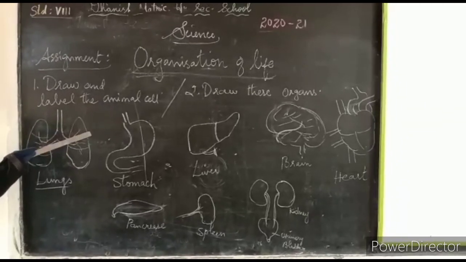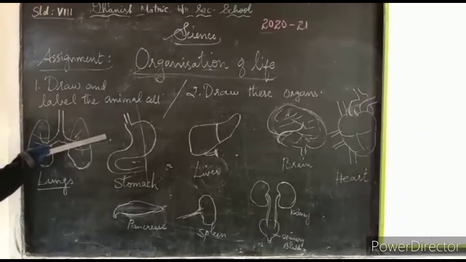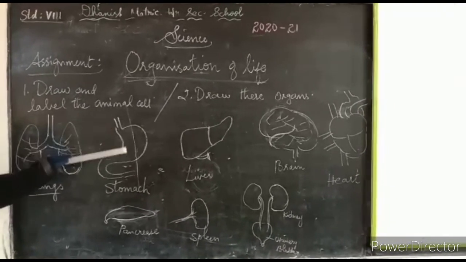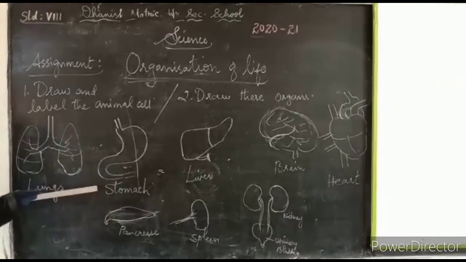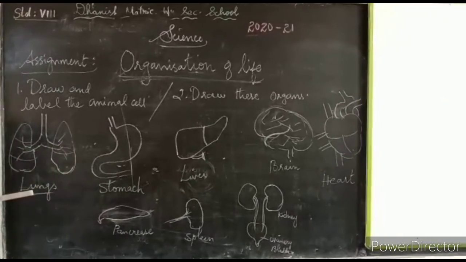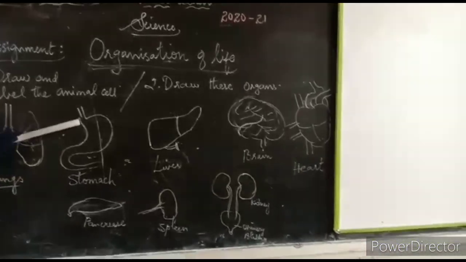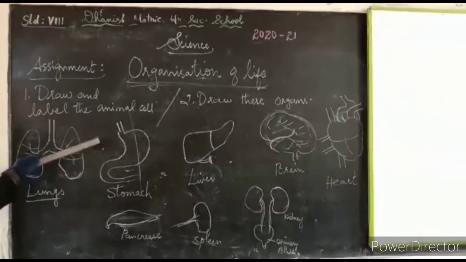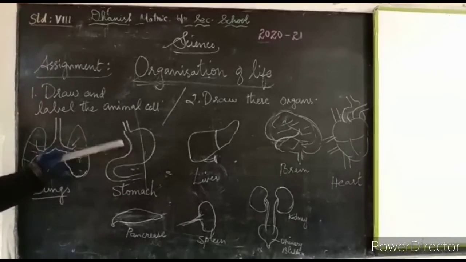Don't use a pen here. Use only a pencil. All the parts should be at the right side of your diagram. You should not mark any part on the left side or surrounding the diagram. You must mark all the parts at the right side of your diagram.